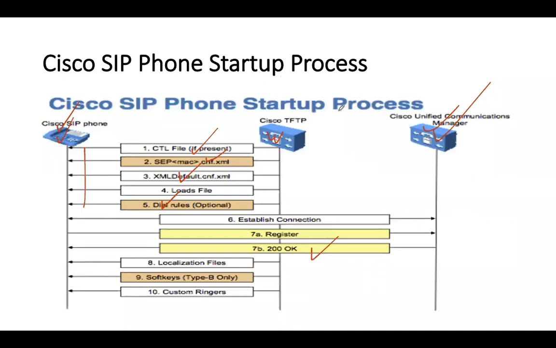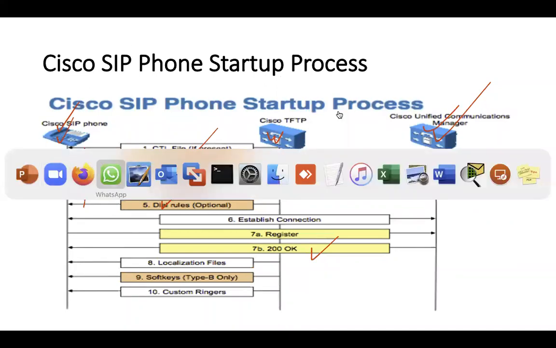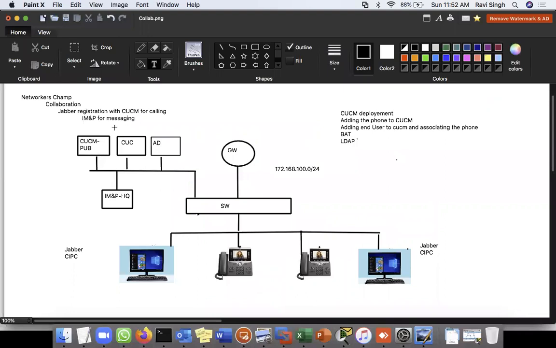So let's understand here. In our environment, as I mentioned, we are going to use the CUCM as a DHCP server as well as a TFTP server. We are going to use both on the CUCM publisher itself, right?